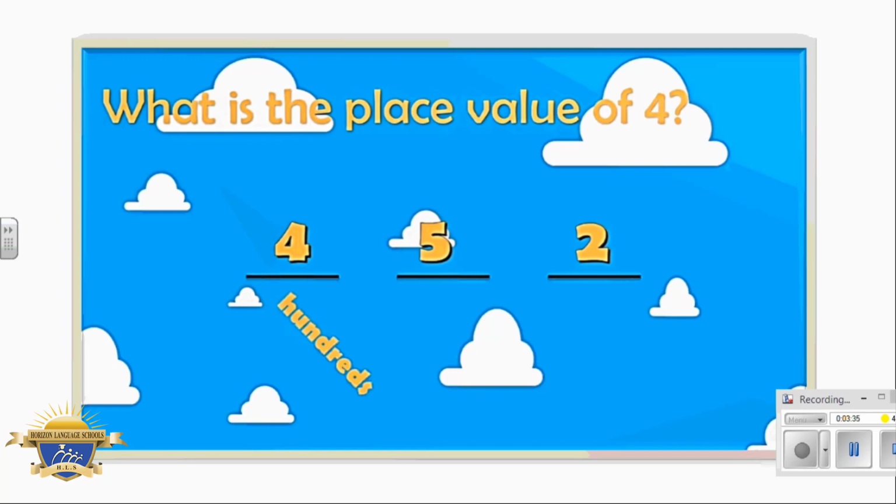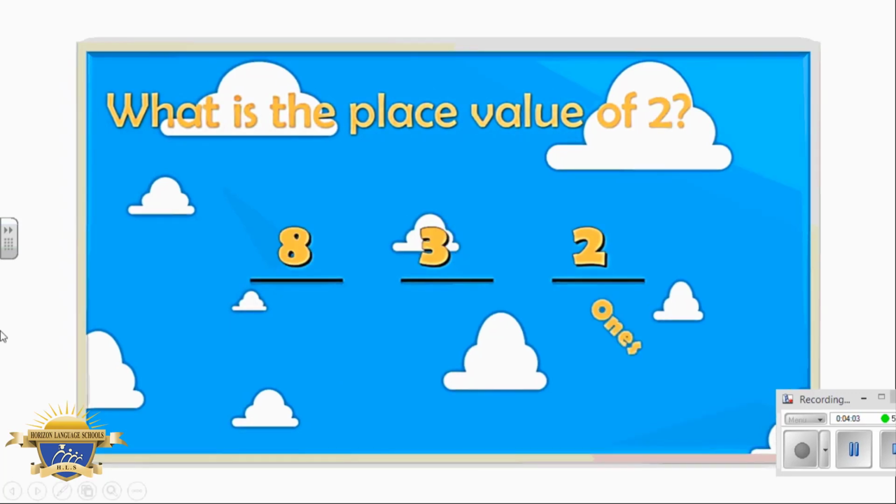Okay, so the place value of the number is the home of the number. We have 3 places: ones, tens, hundreds. Again, from the right side, ones, tens, hundreds. So the place value is the home of the number, the place of the number.